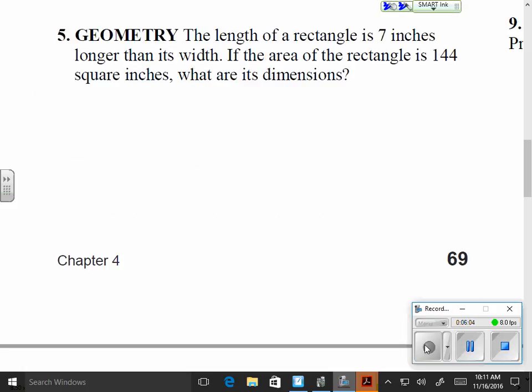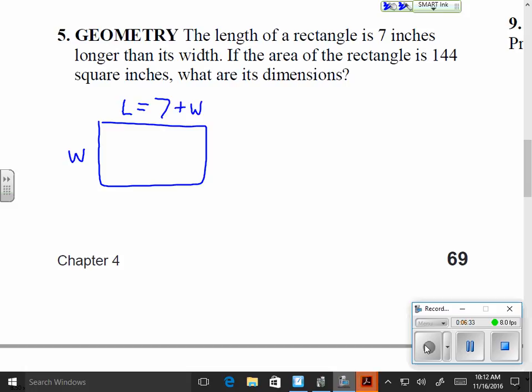For number 5, I have a rectangle that has a length of 7 inches longer than the width. And the area is 144, and I have to figure out the dimensions. So let's draw a picture. We have the width, and the length is 7 inches longer than the width.